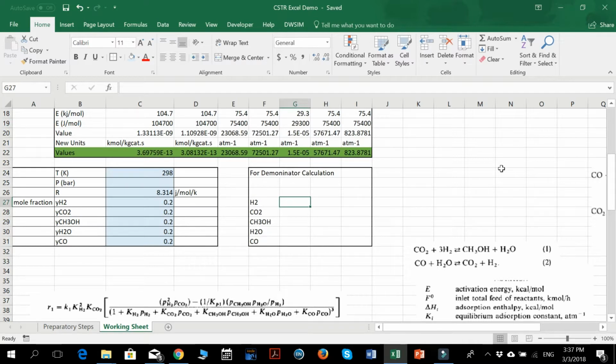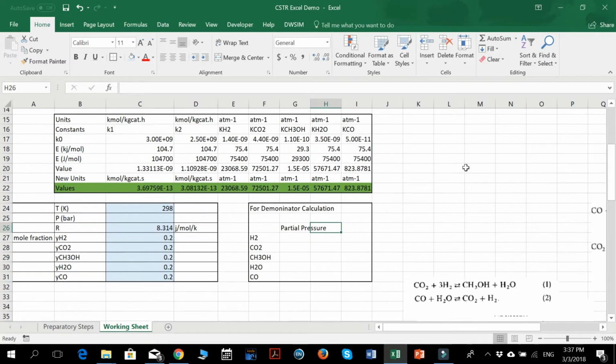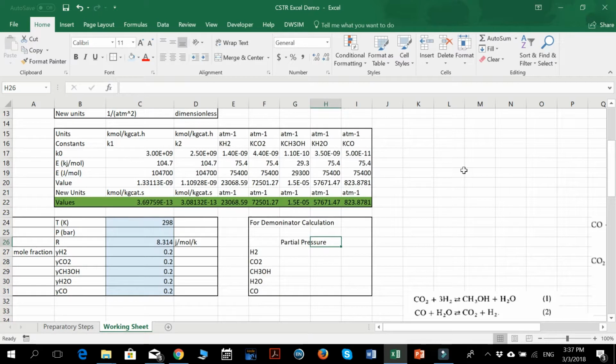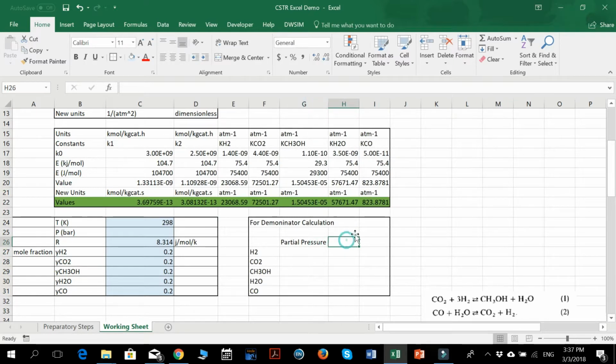Okay, so let's have the partial pressure and of course the adsorption constants, yeah? Okay, so partial pressure, let's say this is 50 bar.